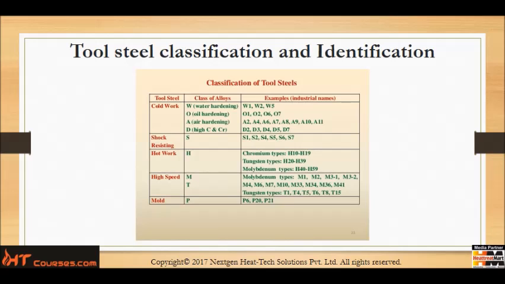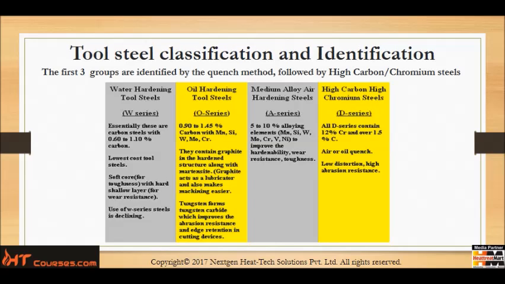Quench-based being W, O, and A, water, oil, or air. The next group of steels that we deal with are the tool steels. The first 3 groups are identified by the quench method, followed by high carbon and high chromium steels. This shows the classification, the contents, and other information about those steels.